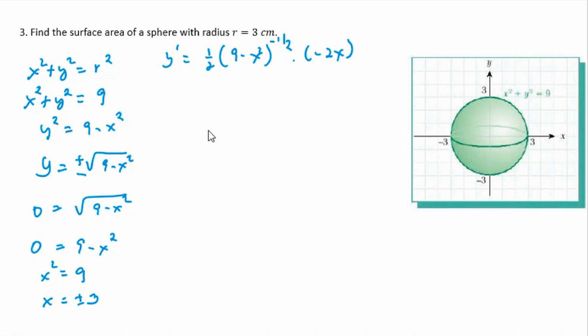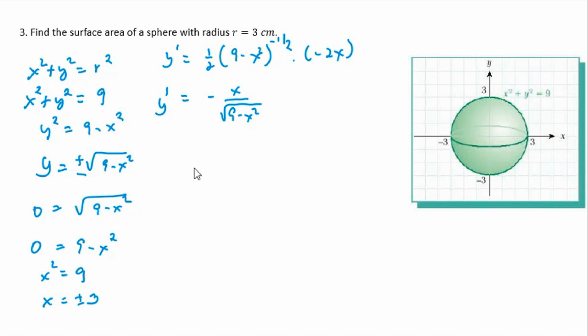Simplifying this further, the 2 in the denominator and the 2 in the numerator will be cancelled. So we can now write negative x over the square root of 9 minus x squared. The square root of 9 minus x squared comes from the quantity 9 minus x squared to the power of negative 1/2. So this is now our derivative.